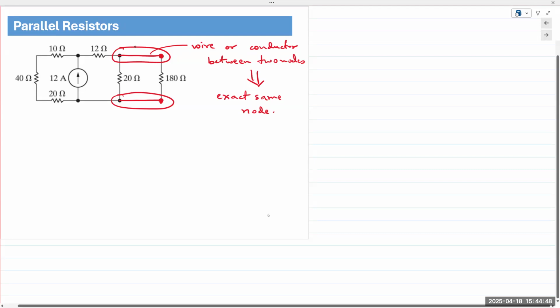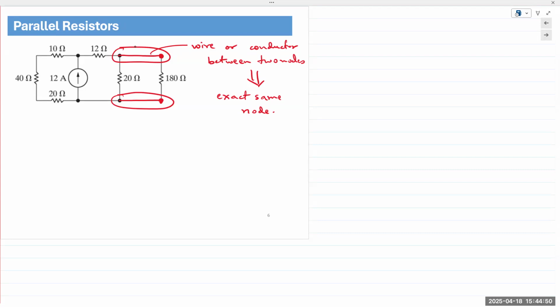That's the point. So in a circuit schematic, it may not always be obvious what is a node and what is connected in parallel. But if you mark out all the nodes, and you see a wire or conductor between two nodes, then it's the exact same node, right? So here, 20 is in parallel with 180. This is my symbol for parallel.